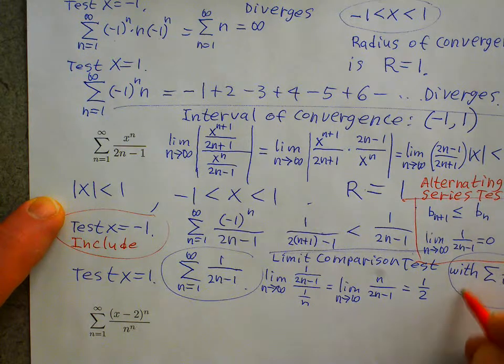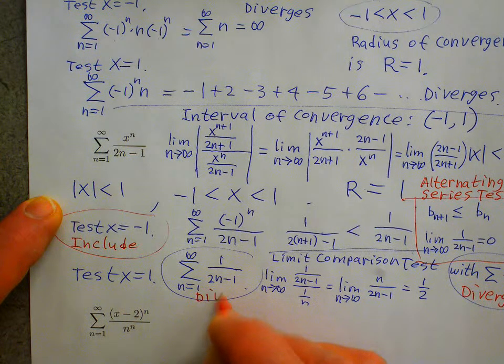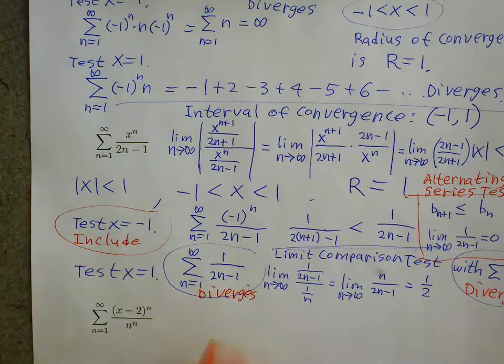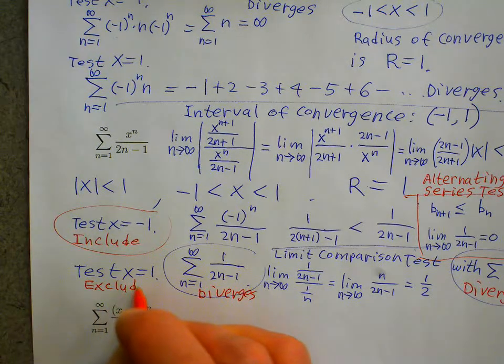Since the harmonic series diverges, and the limit of a sub n over b sub n is a positive finite number, this series also diverges. So that means we're excluding x equals 1.